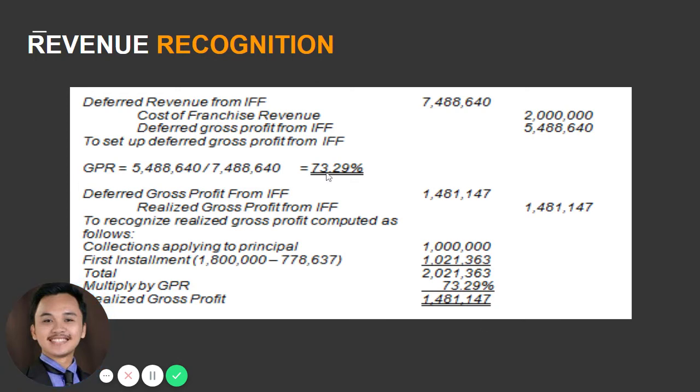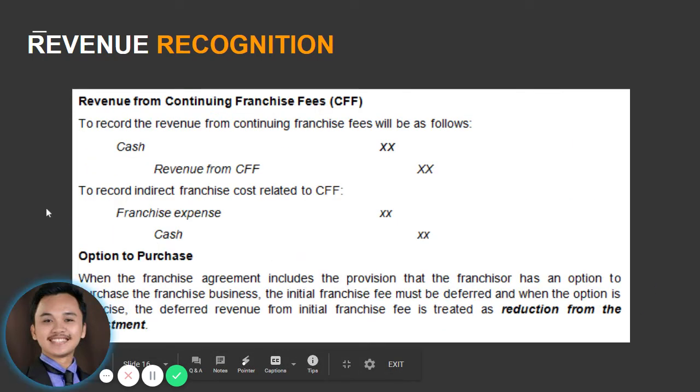To adjust our deferred gross profit, we debit deferred gross profit from IFF, 1,481,147, and credit realized gross profit from initial franchise fees of 1,481,147. Okay?